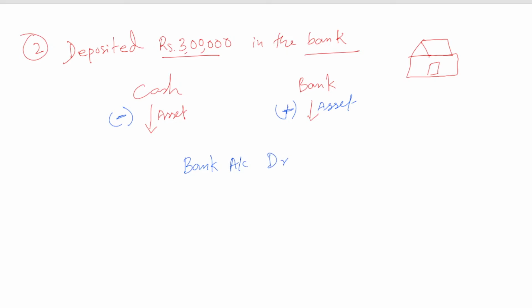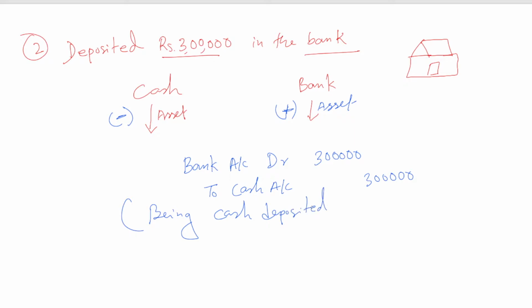As we know that an increase in asset means debit, this will be bank account debit 3 lakhs to cash 3 lakhs. You can pass the narration like this: being cash deposited into the bank.